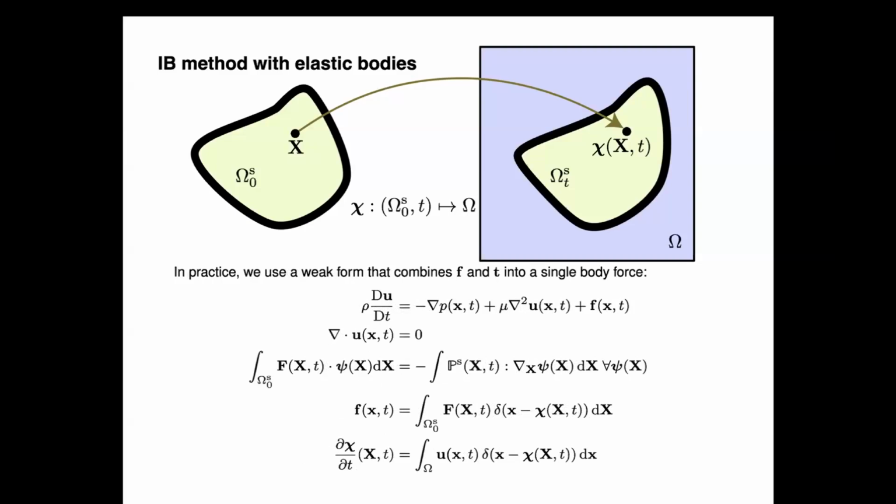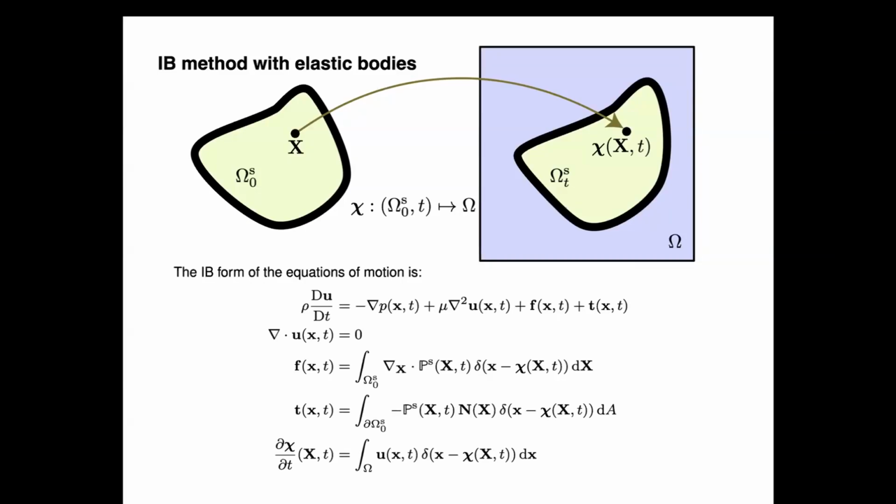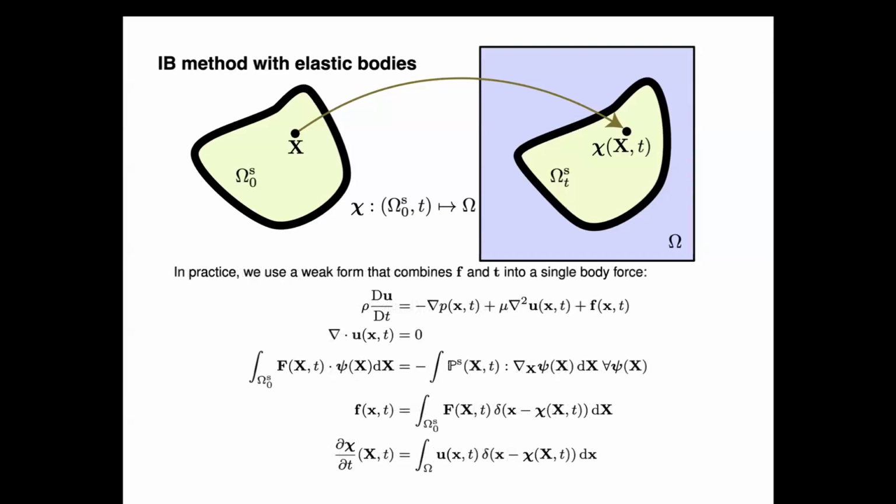The equations in that strong form are a little bit difficult to discretize if you want to use some kind of complex geometry for the solid. And so in practice, we use a partial weak formulation here. So we're going to replace these two forces, this interior force that's the divergence of the solid stress, and this traction force that's just the solid traction on the interface, with one equivalent Lagrangian force density.